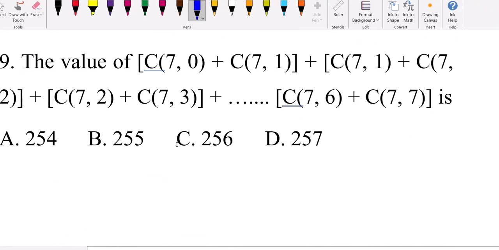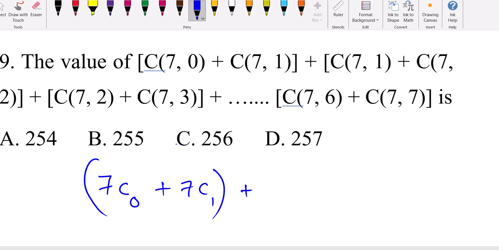This is the question your friend is asking regarding the value of this. C(7,0) is the notation for 7C0 plus 7C1. That is one group. The next group is 7C1 plus 7C2, that's one group.